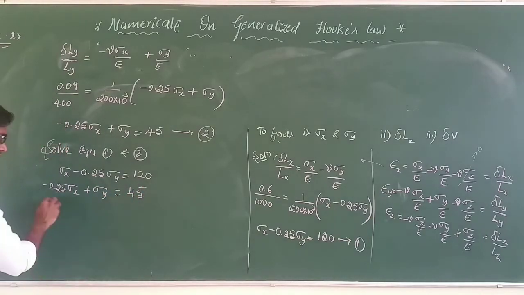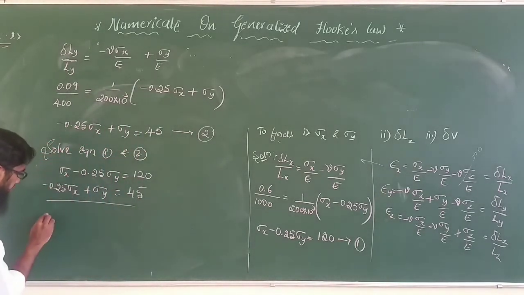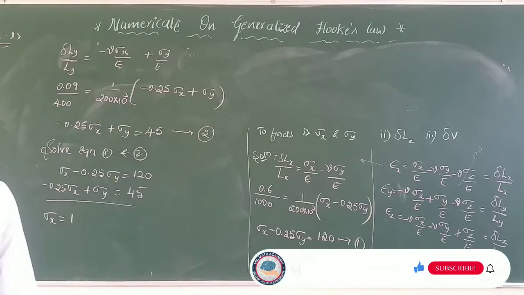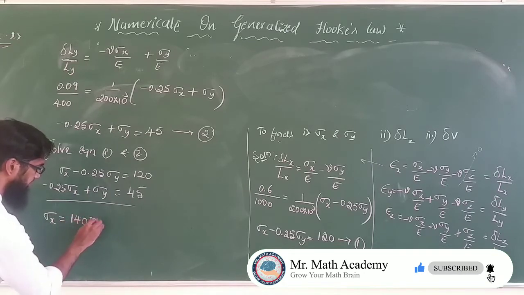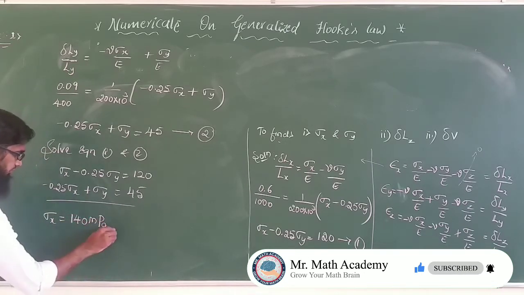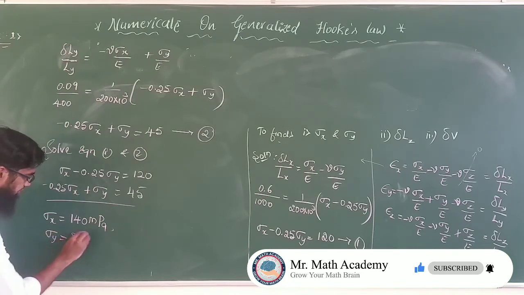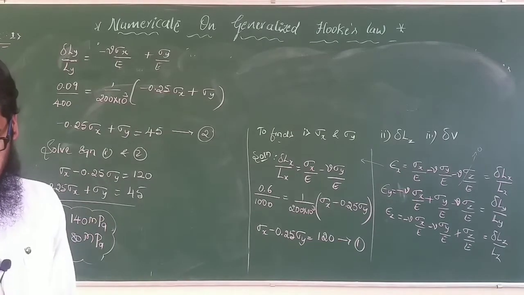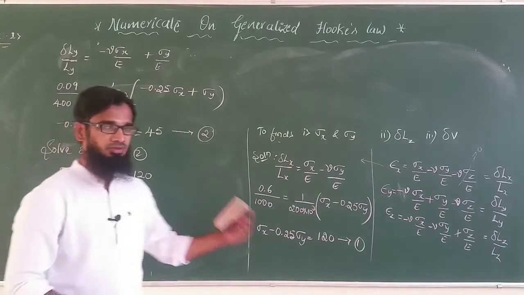Now if you solve this simultaneous equation, we are getting sigma x is equal to 140 megapascal, and sigma y is equal to 80 megapascal. So this is the first part, what we have got the value. So sigma x is equal to 140 and sigma y is equal to 80 megapascal. So this is the first part.